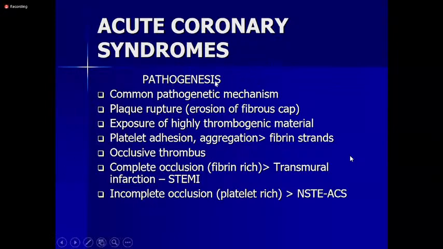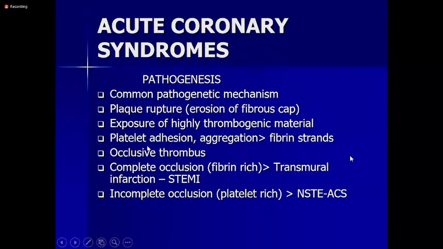But the pathogenesis is basically common. So there is what is called a plaque rupture, which is erosion of the fibrous cap of the plaque, and I'll show you a pictorial of that. And this exposes the material which is under the fibrous cap. Now, this material happens to be very highly thrombogenic.